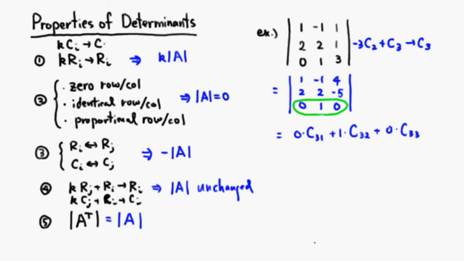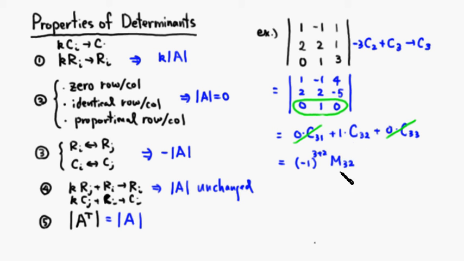Since there are a bunch of zeros, we can scratch those out. All we have to do is find that one. It's negative 1 to the 3 plus 2, which is just negative 1. And then we have to look at the minor.